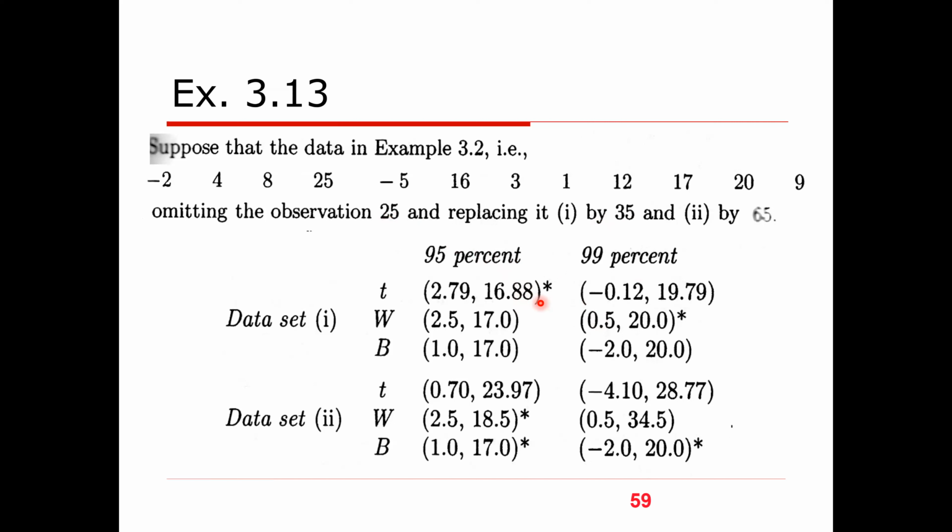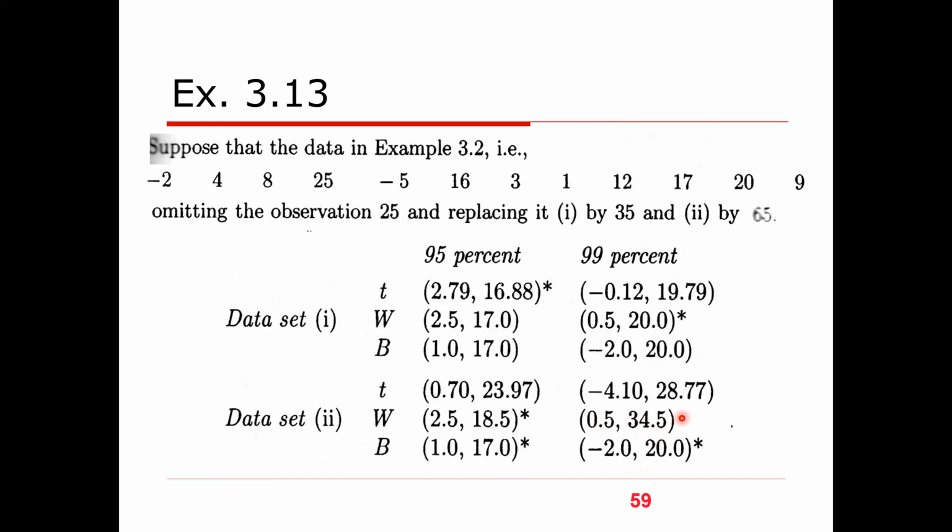And then although it isn't clear which test will work the best with those modified data sets, we can observe that for the t-test, the outliers make a big difference to the results. For Wilcoxon, these 3 are okay, but for this one, it's skewed to the right.